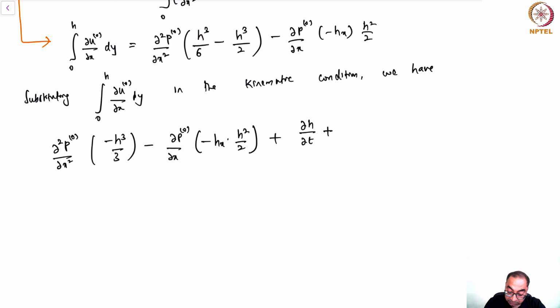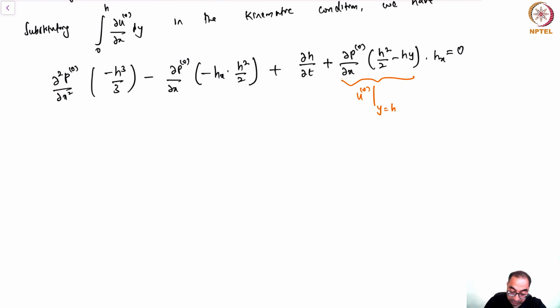So u0 can also be written in terms of the pressure, that's del p by del x times h square over 2 minus hy. This is my u0 at y equals h times hx. Okay. Now I want an evolution equation for h in terms of t.